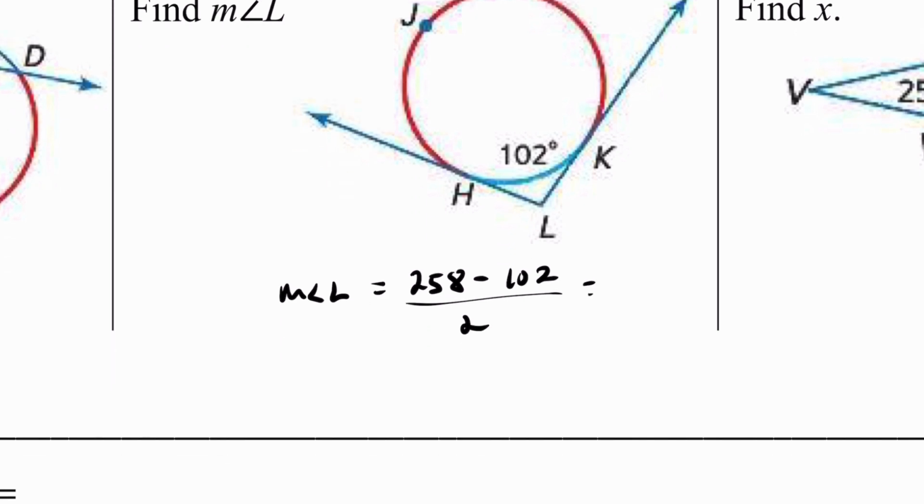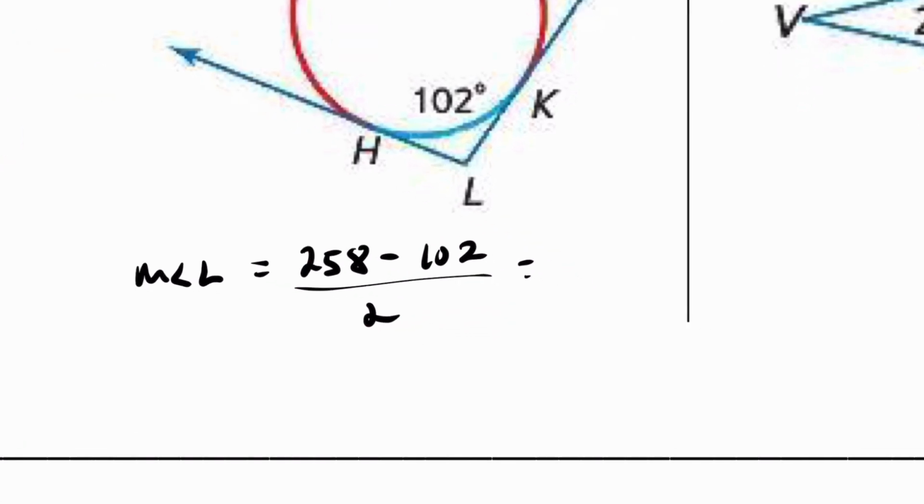And I don't need to multiply both sides by 2, right? Because this is essentially our x, the measure angle L here. So just do the basic arithmetic. 258 minus 102 is 156. And then we divide by 2 here. So measure angle L equals 78 degrees.